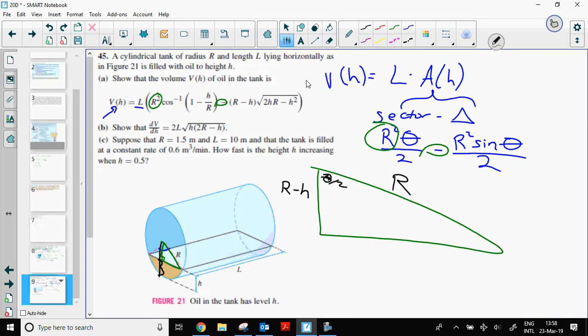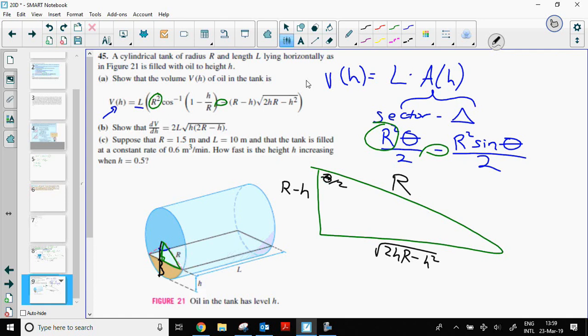And then it'll be relevant in a minute, so we can use the Pythagorean theorem to figure out the second leg is that. And just glancing back at what we're going to hopefully show in a second, I see an r minus h. I see a square root of 2hr minus h squared, so that's all very promising.